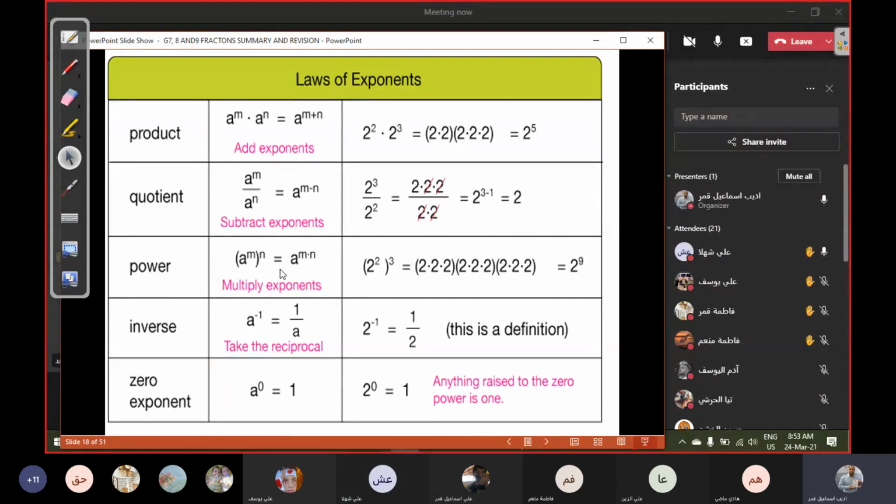We multiply the exponents. Example: 2 to the power 2, to the power 3, equals 2 to the power 2 times 3.